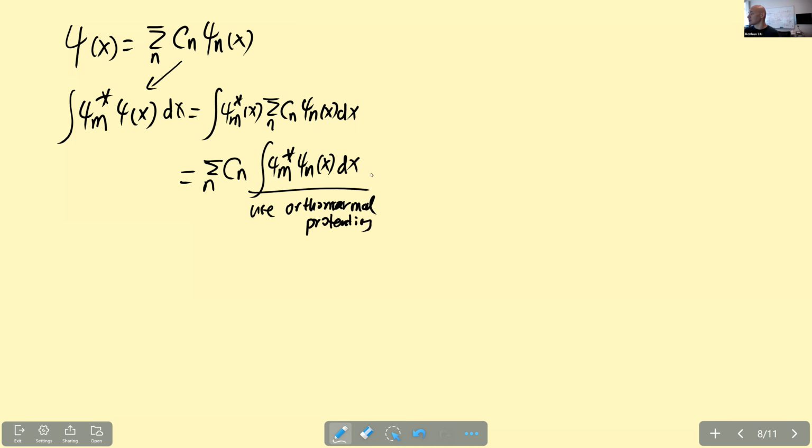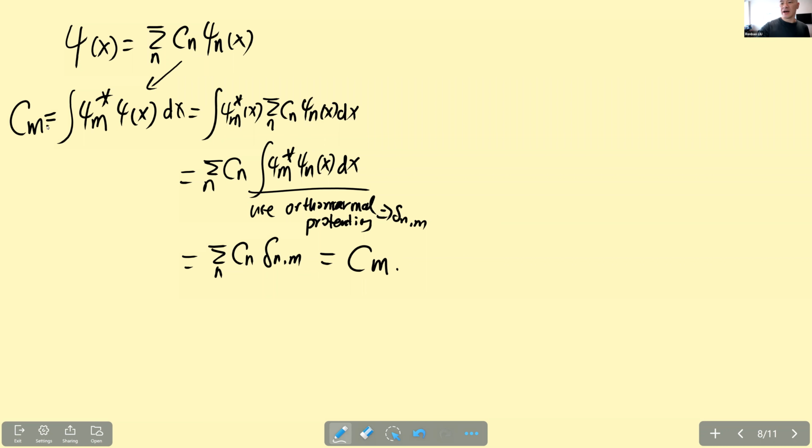So this will give you a delta function. You do the summation over m. If n equals m, this is going to be 1. If m is different, this is 0. So this simply equals C_n. That means C_n is determined.